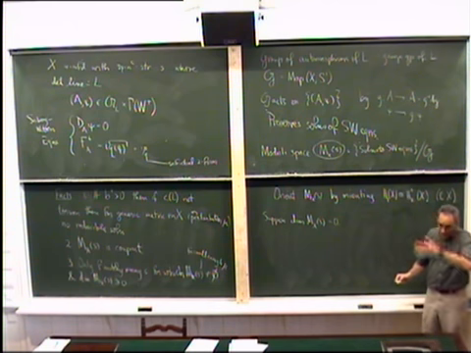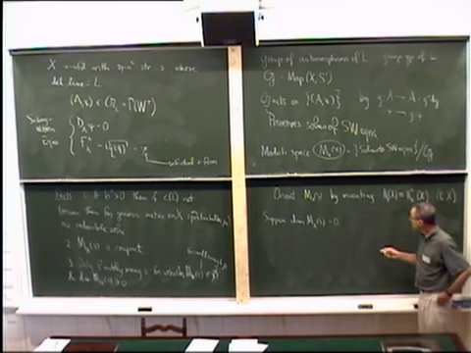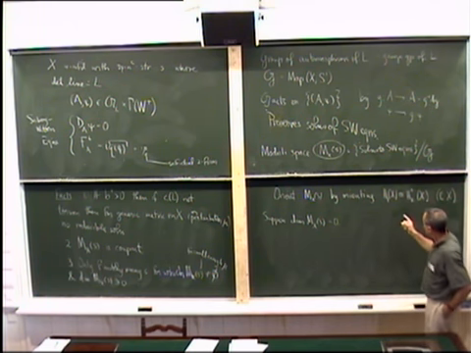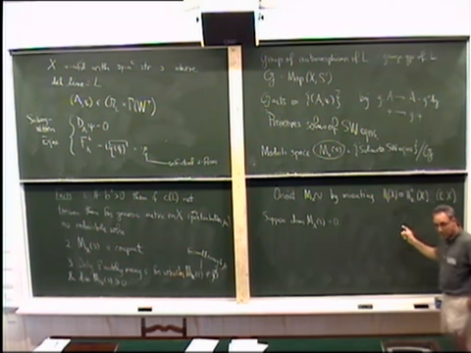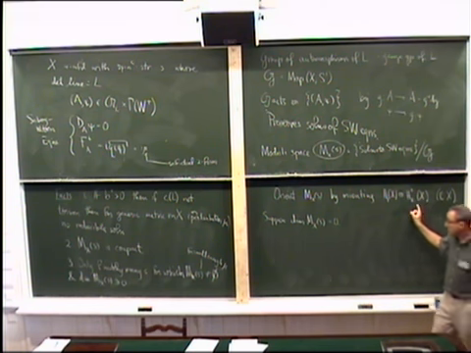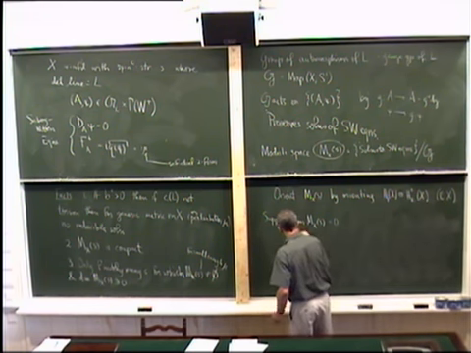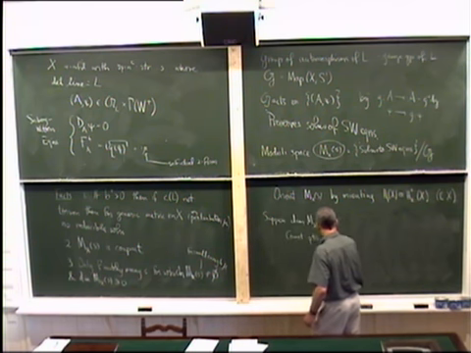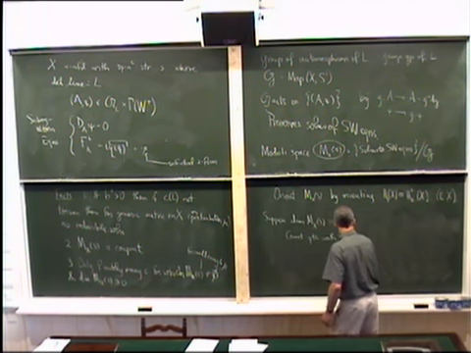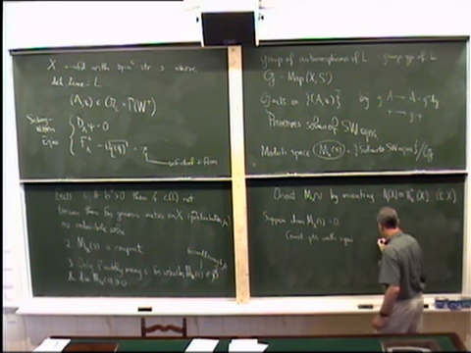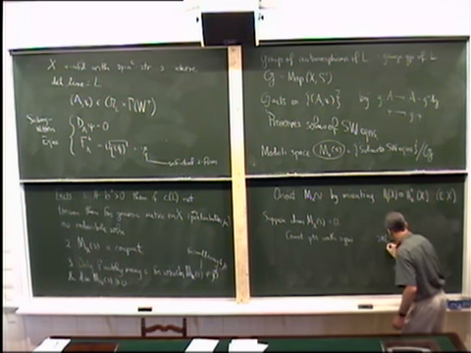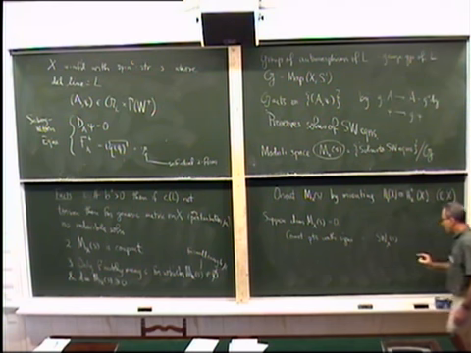Then you have a compact zero-dimensional manifold, so you have a finite number of points, and it's oriented so you can count them with signs. And that's the Seiberg-Witten invariant associated to the spin C structure S.